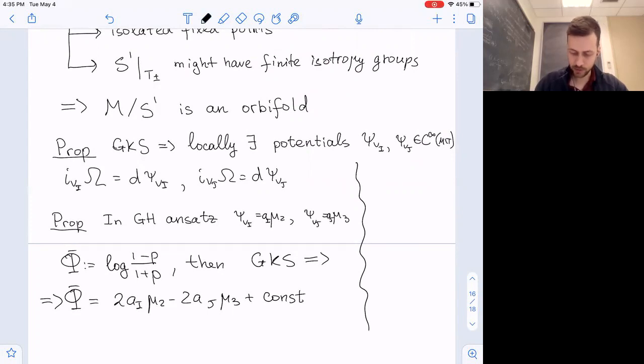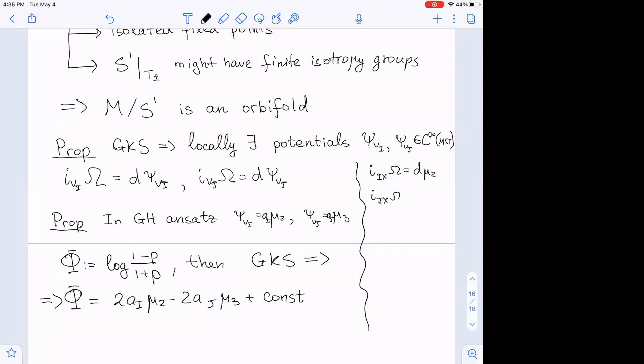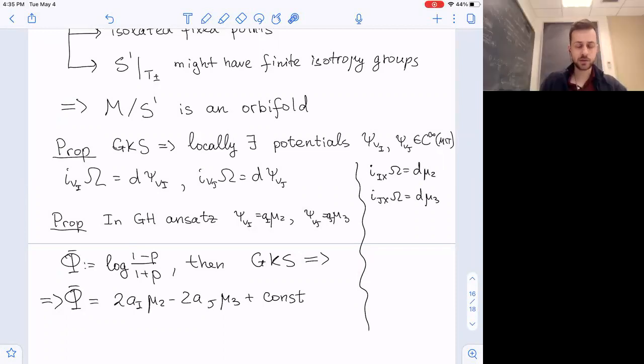Yeah, because the way we define mu_2 and mu_3 is that I might be a bit sloppy about signs. I think it's like this: I_x omega equals d mu_2. So the global definition of mu_1 and mu_2 is a part of the ansatz? Well, so far, this is a local picture.